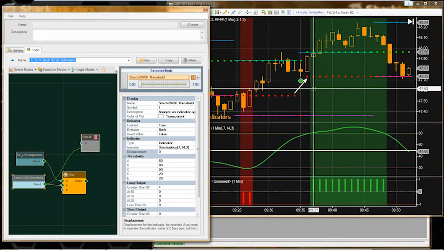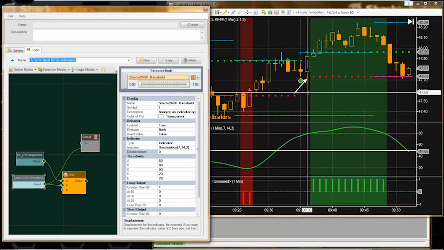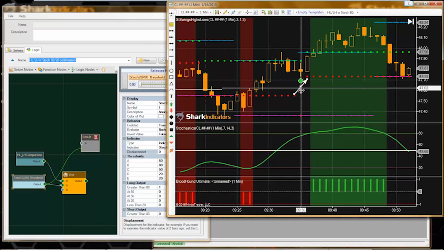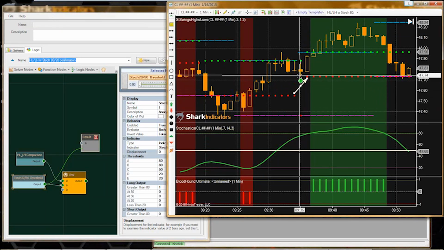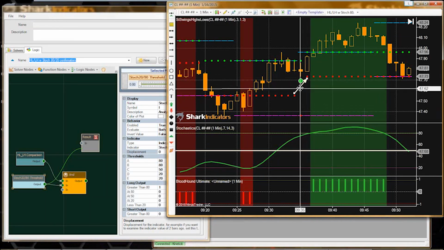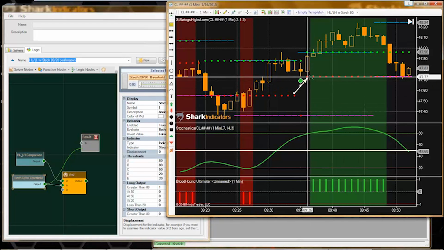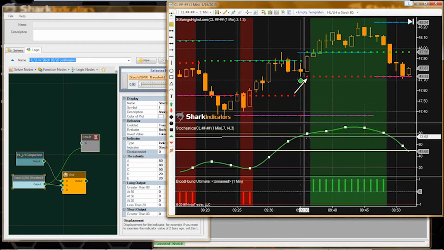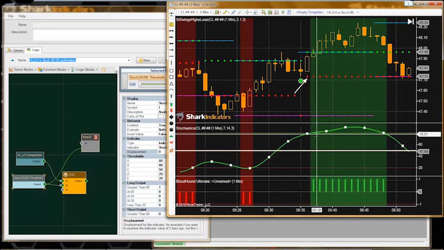Tom wanted to allow for an 8-bar exception between the two conditions. So from the time our swing point, our higher low, is identified, Tom wants to allow at least 8 bars to go by to give the stochastic enough time to move into the 80%.